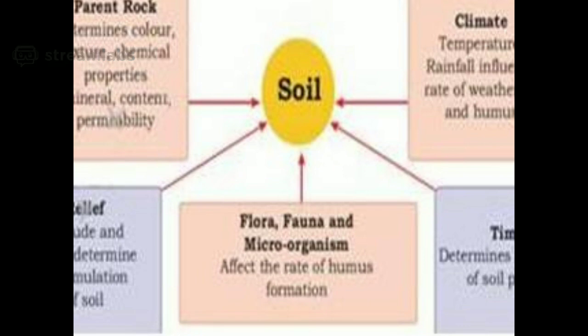Then next is flora, fauna and microorganisms, which affect the rate of humus formation. In forests, the leaves fall and animals also die and form the humus, whereas in deserts we don't find so much humus. The soil is not fertile.